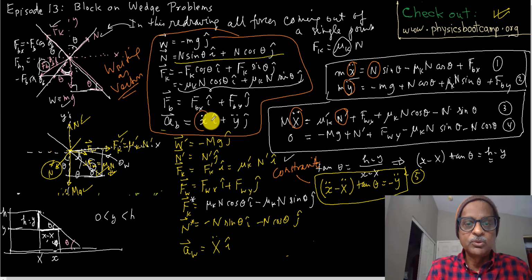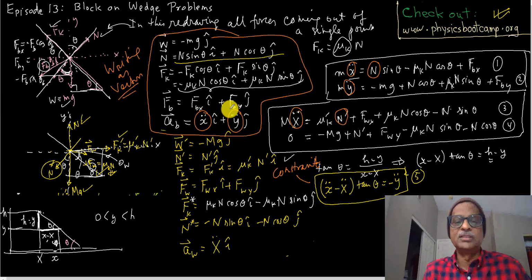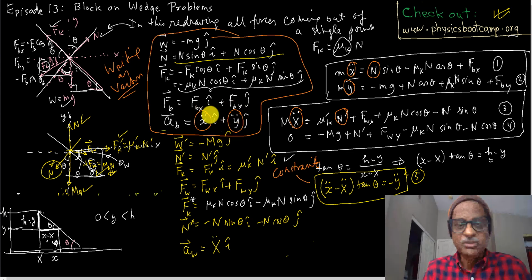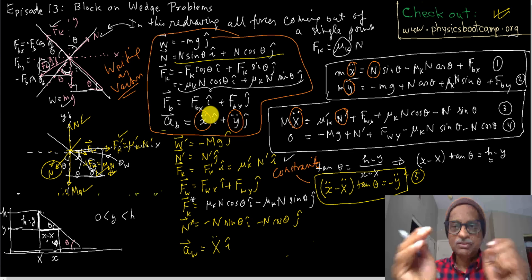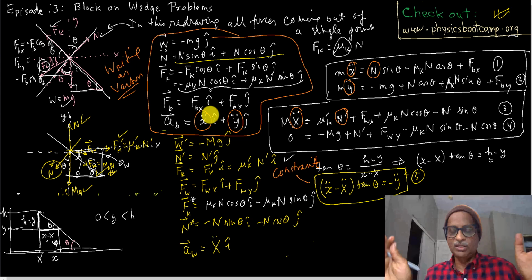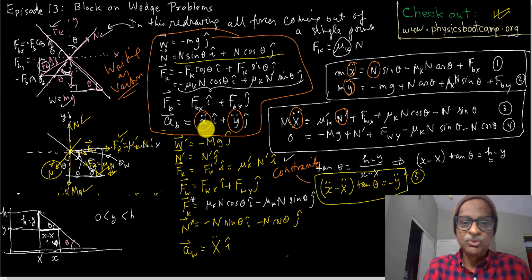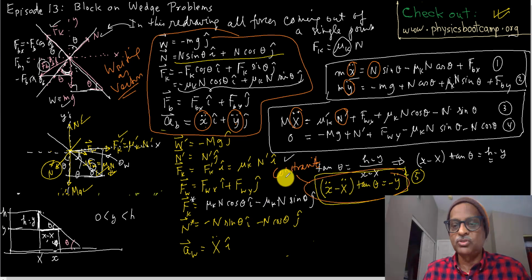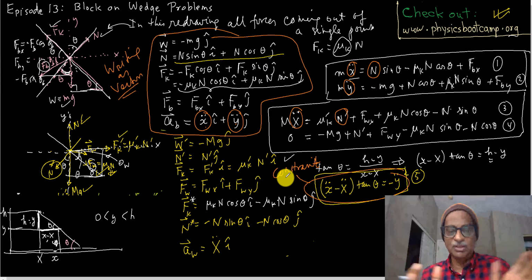Another important thing is using x double dot, y double dot, especially when you've got two or three objects interacting with each other, because otherwise discovering and making use of the constraint becomes nearly impossible.